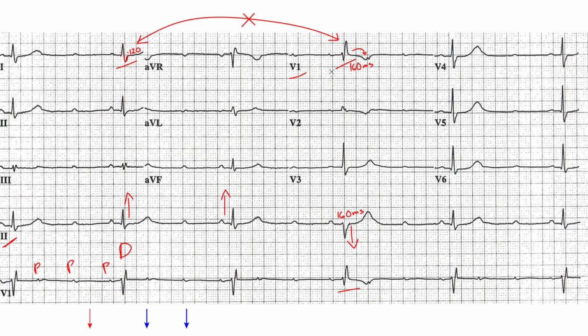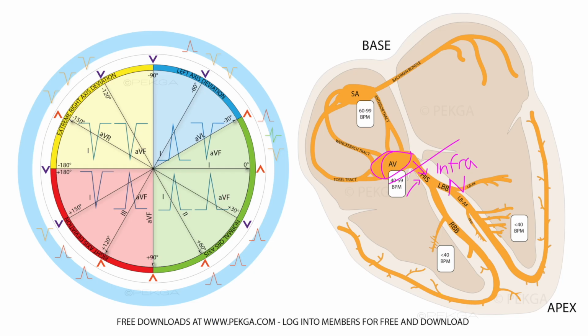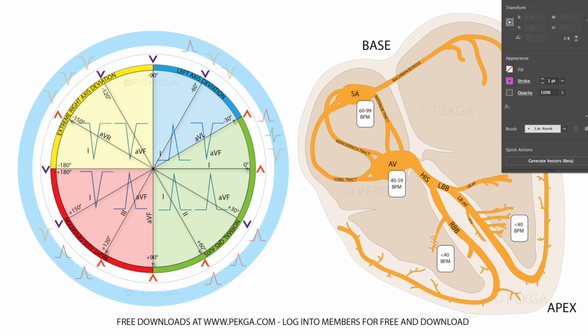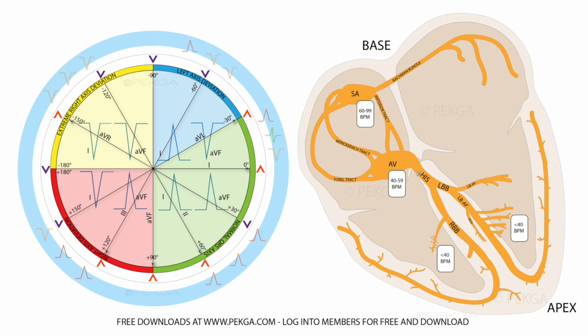So let me show you what's going on in the conduction pathway. So this person, I'm just going to make these lines a little bit thicker. This person has a Mobitz II type block, and it's a high grade, so it's infranodal.